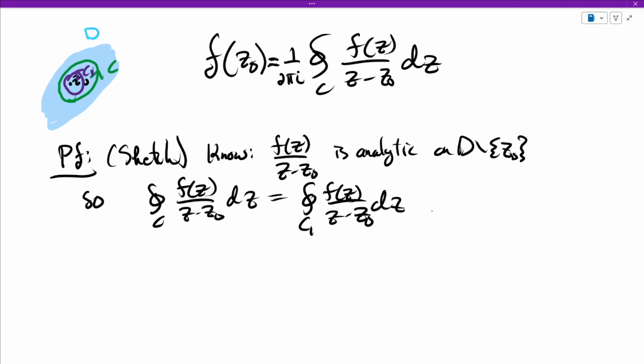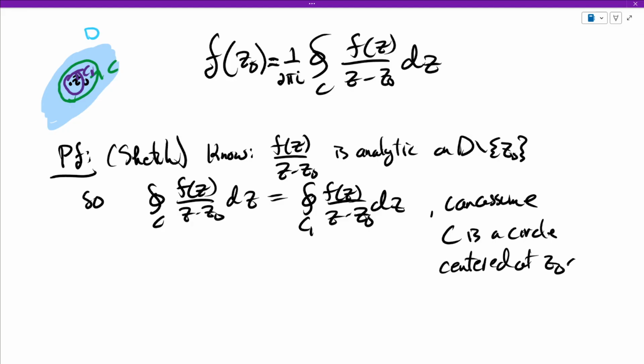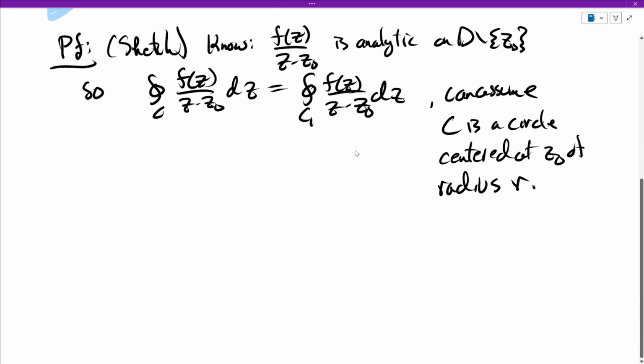And so in particular, you can assume C is a circle centered at z naught of radius some r, by the principle of deformation of contours or paths.